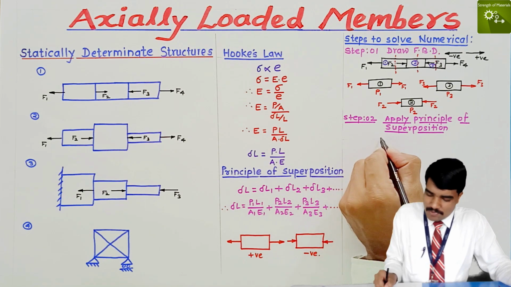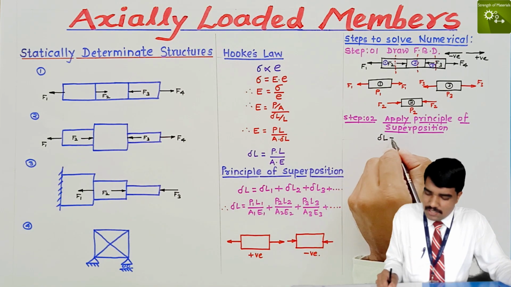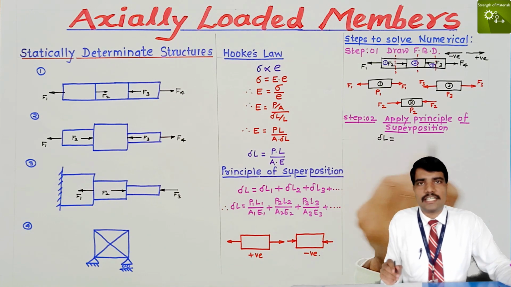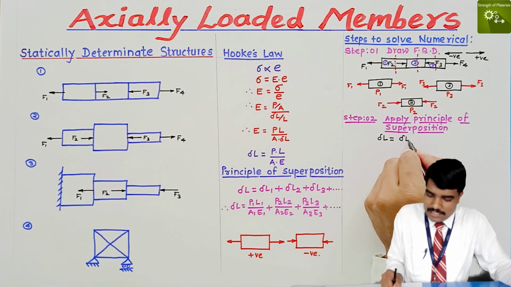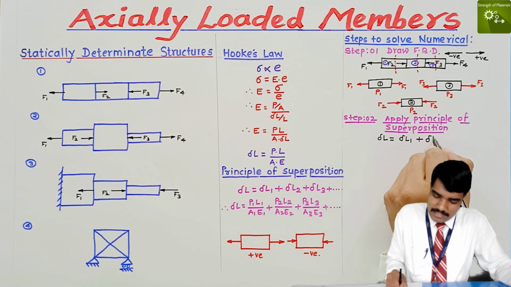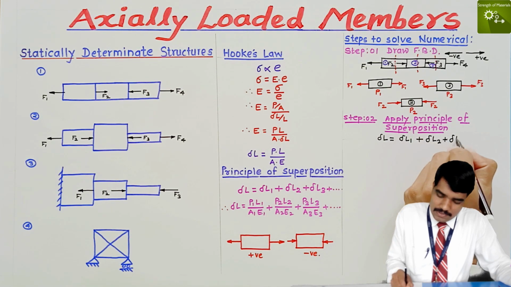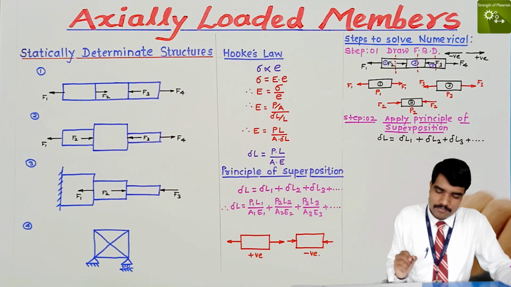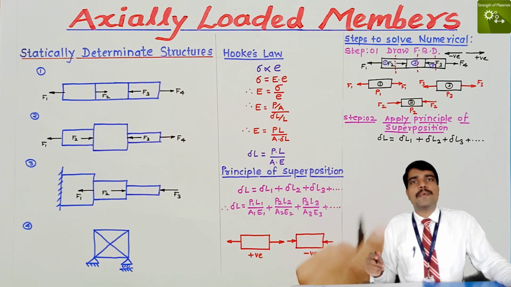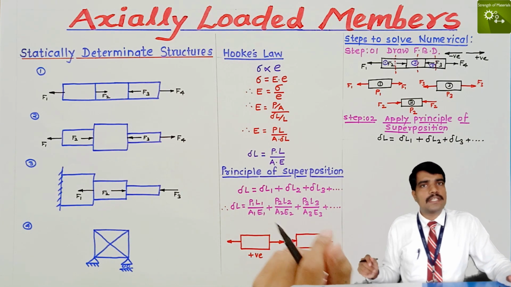We know the principle of superposition: total elongation or total contraction, the total change in length, is equal to the algebraic sum of the change in length in each part, that is delta L1 plus delta L2 plus delta L3 plus so on. Again we find the internal stresses produced in each part.